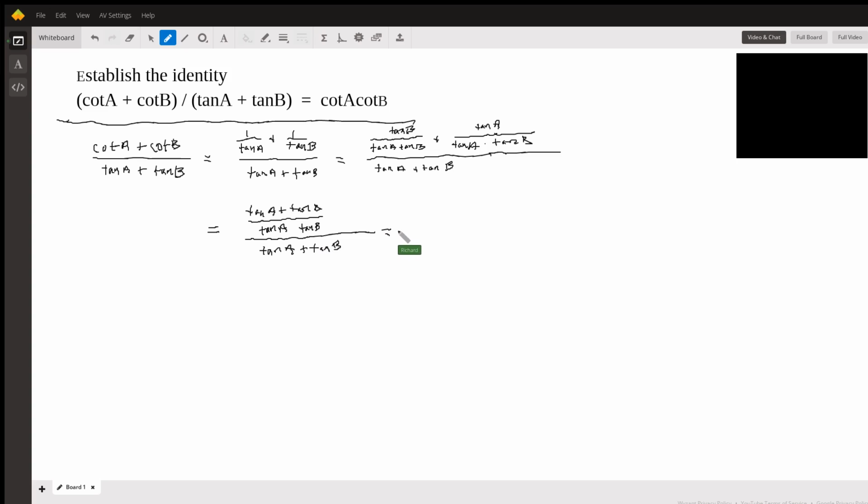So now I'm just going to do a keep change flip. I'm going to keep the numerator, so tan A plus tan B over tan A tan B. So I keep the numerator, change the division to multiplication, and then I flip the denominator.